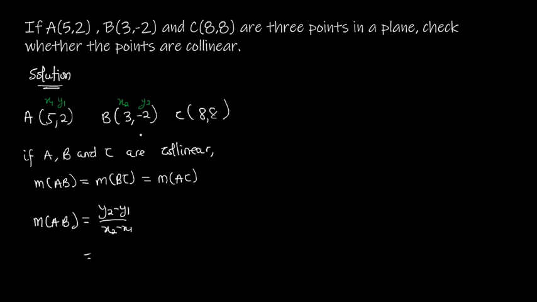So this is equal to my y2 which is negative 2, minus my y1 which is 2, over my x2 which is 3, minus x1 which is 5. So this is equal to minus 4 at the top over 3 minus 5 which gives me minus 2, and this cancels this, so I have here 2 as my gradient. Alright, so let's go ahead and calculate the gradient of B and C.